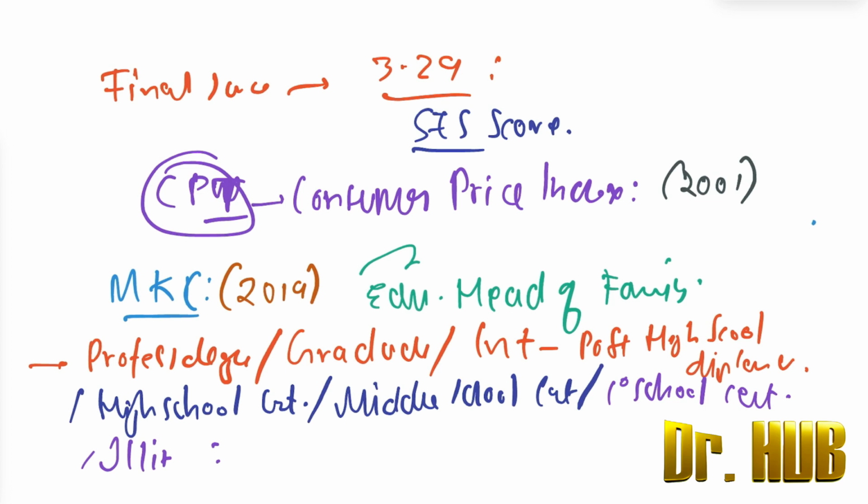The scoring goes from 7 to 1 respectively. Professional degree is 7 and illiterate is 1.